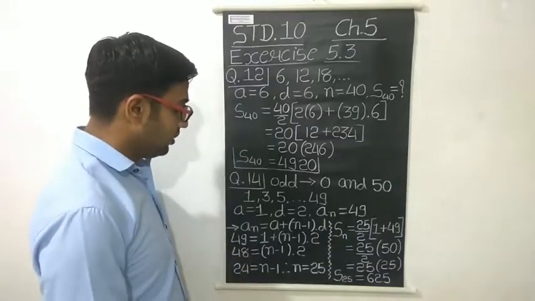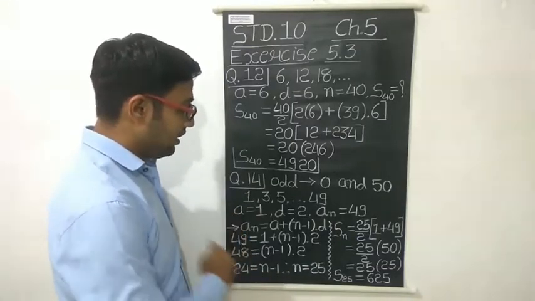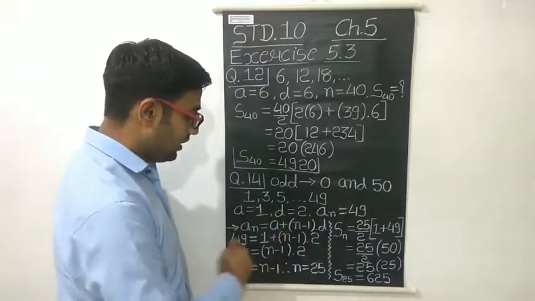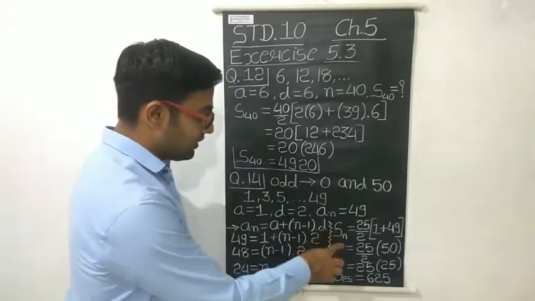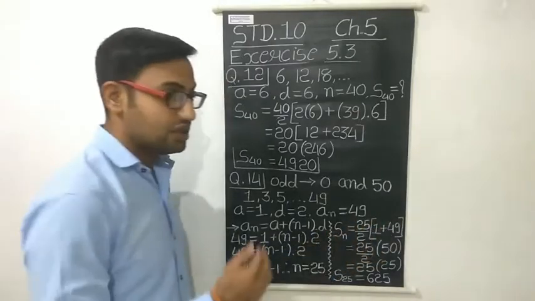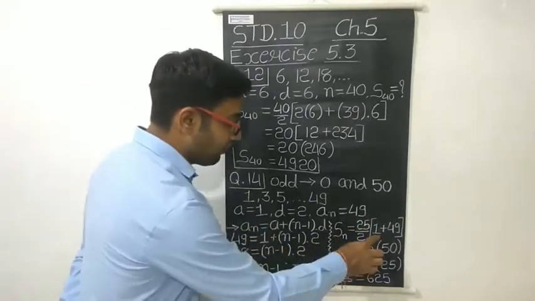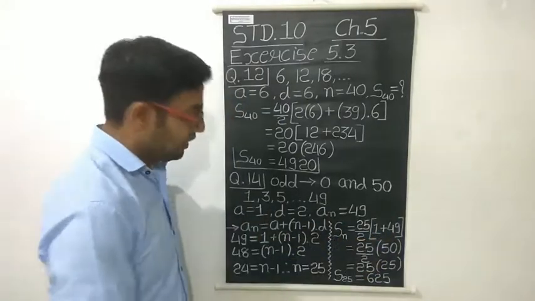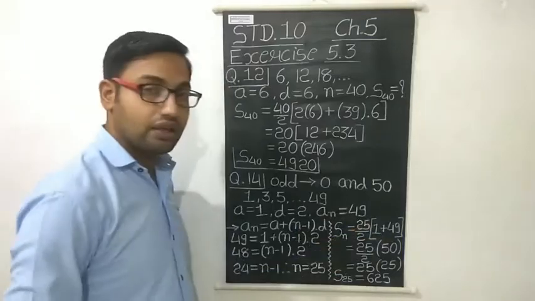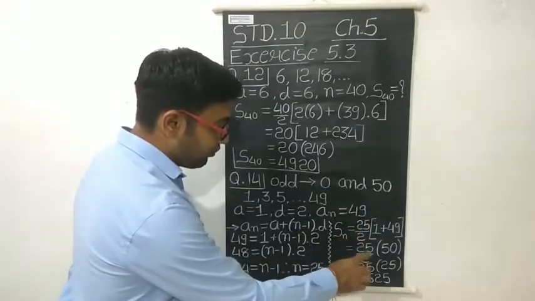Now we have all the values, that is the first term, last term, and the value of n. So we can directly use the formula that Sn is equal to n by 2 times (a plus an). a is the first term, that is 1. an is the last term, that is 49, and n is 25. Right? So 25 upon 2 will remain as it is.